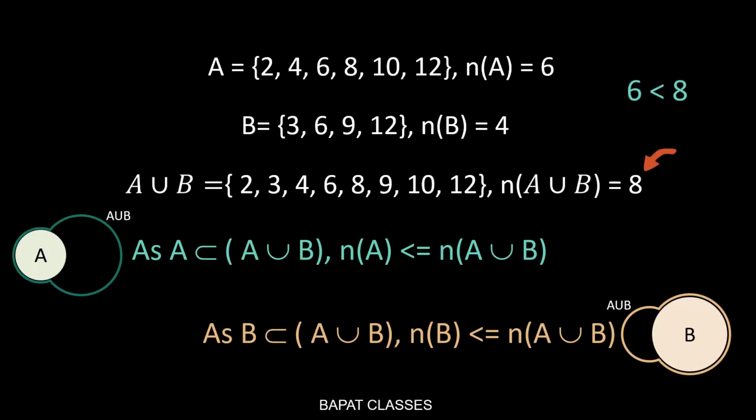Similarly, cardinality of B is 4 and cardinality of A union B is 8. 4 is less than 8.